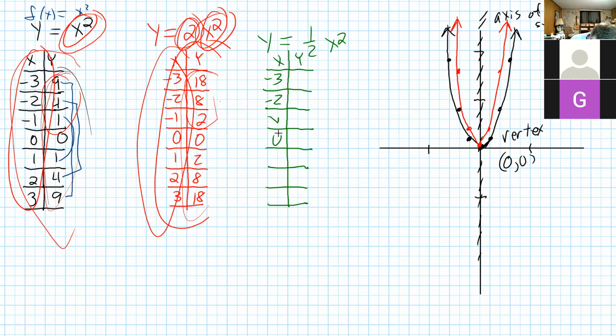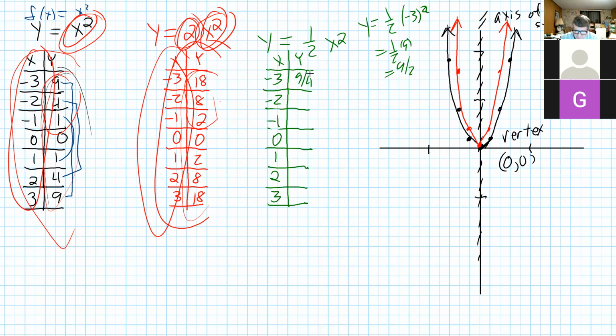Again, I'm going to use the same inputs. So y equals 1/2 times -3 squared, which is 1/2 times 9, which is 9/2.